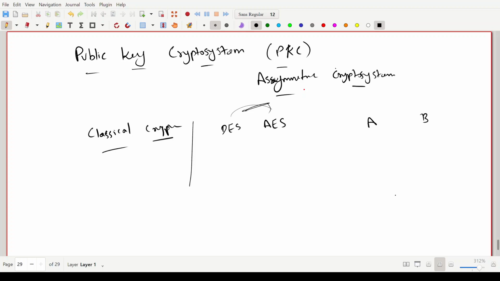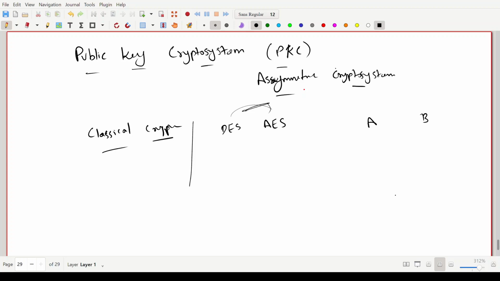So one solution is we can use public key crypto system to share the secret keys, and then we'll be using a symmetric key technique for the encryption and decryption of the messages, correct? The main idea is why we use it only for key exchange: if you want to encrypt a message, it is not efficient to do with PKC.